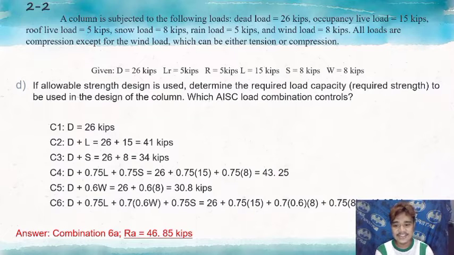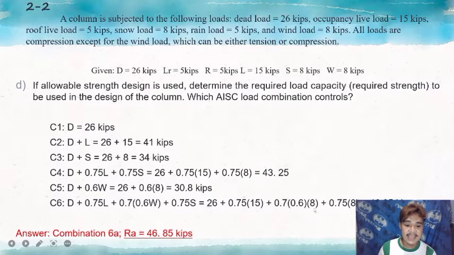And our combination 6 is D plus 0.75L plus 0.7 times 0.6W plus 0.75S, which equals 46.85 kilopascals.